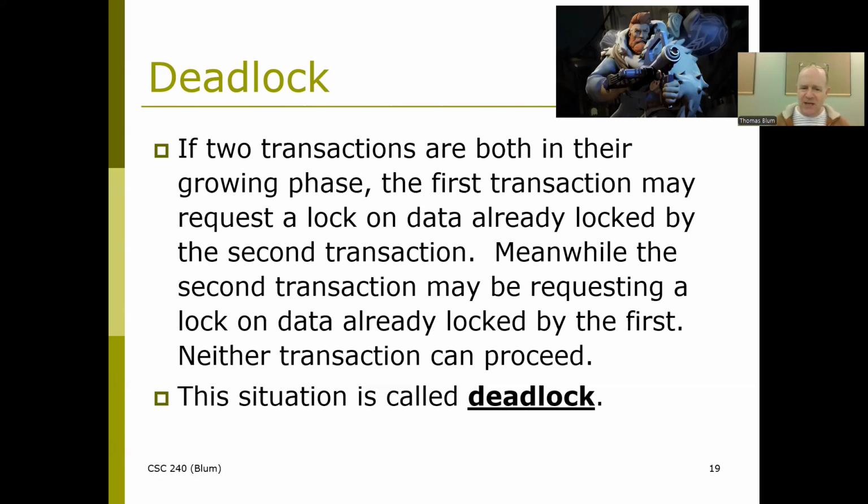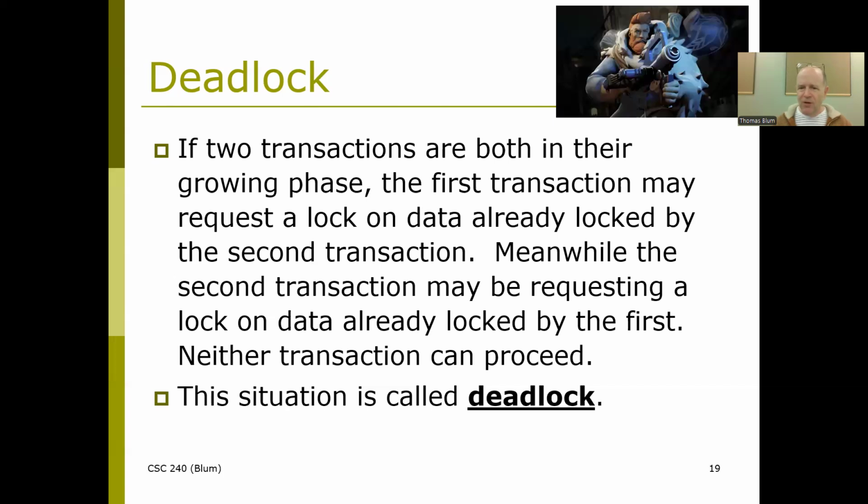A second transaction comes along, involves a number of pieces of data that it needs, and begins locking. And then they encounter each other. Transaction one wants some data that's already been locked by transaction two, and transaction two wants some data that's already been locked by transaction one. And so now neither can proceed.